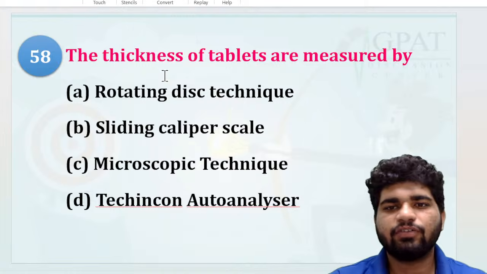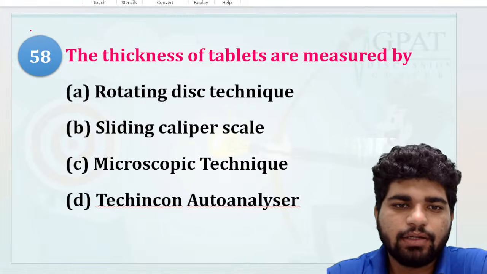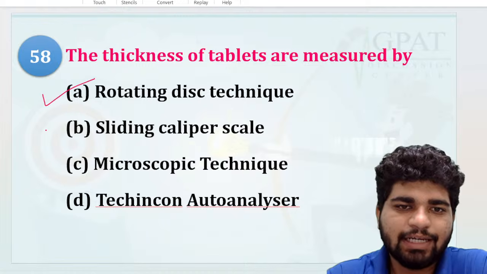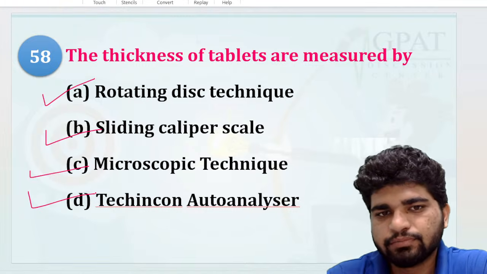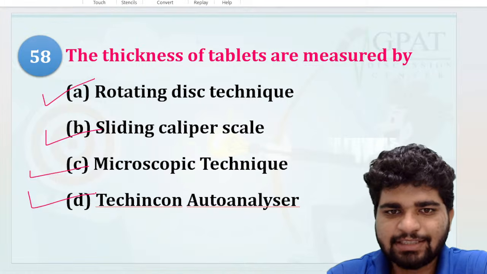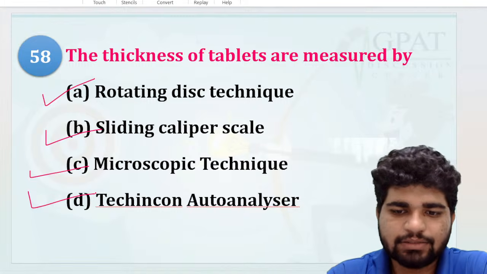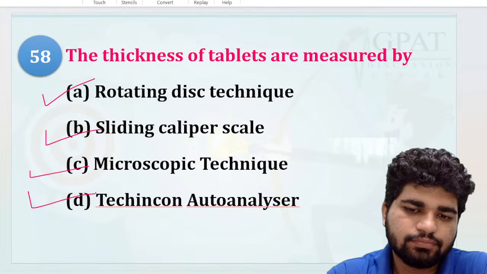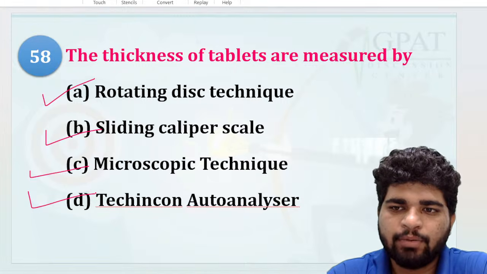Okay. The thickness of tablets is measured by rotating disc technique, sliding caliper scale, microscopic technique, or technique on auto analyzer.